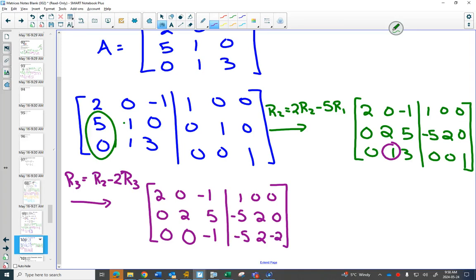Again, there is no room for any mental math errors at all, so if we make one, everything gets screwed up. Last thing we want to do is make this one positive, so I'm just going to make row 3 equal to negative row 3. These are the steps that are a little bit annoying because you're just having to rewrite a lot.